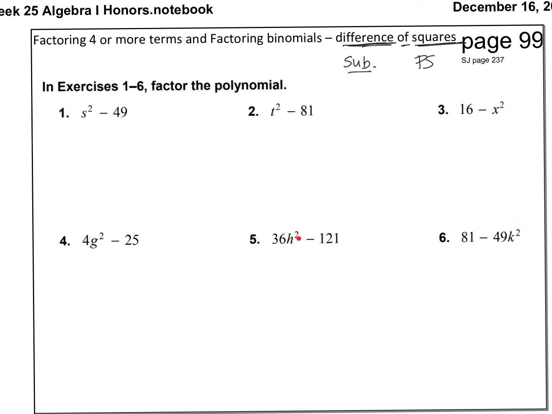And every single one of these is a subtraction problem. Now I will tell you, in the set of real numbers, if any of these were addition problems, then you would not be able to factor these over the set of real numbers.